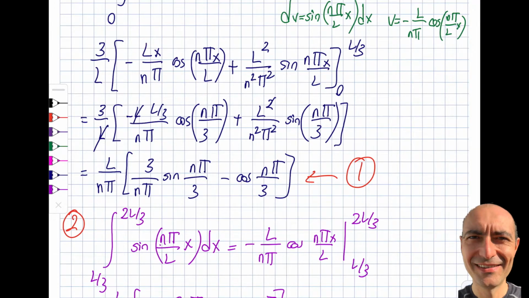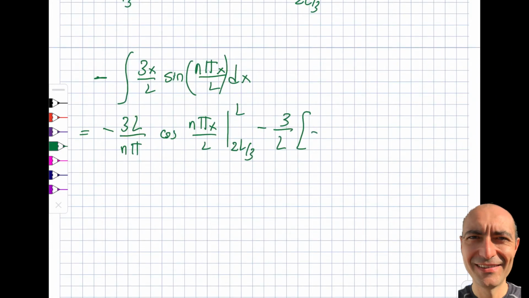I'll copy and paste it down there, except that the integral boundaries will be different: minus Lx by n pi cosine of n pi x by L plus L squared by n squared pi squared sine n pi x by L. And I have to evaluate this from the same 2L by 3 to L.